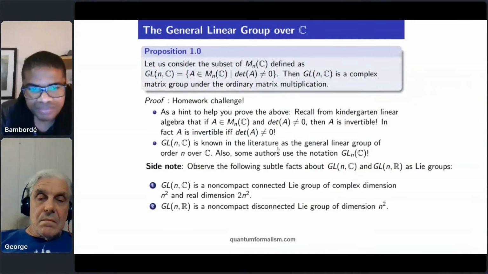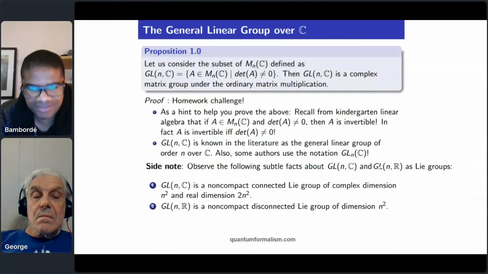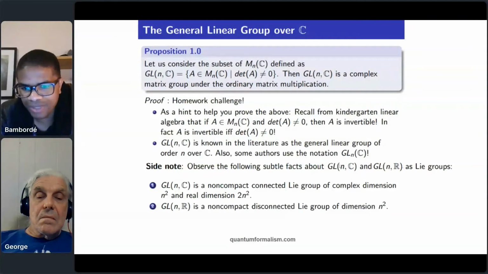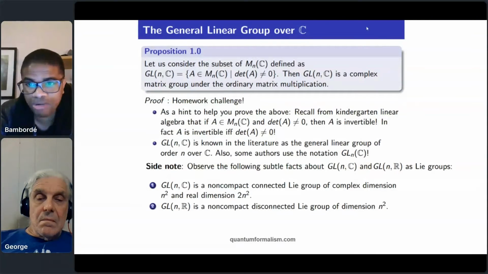So now comes the hint I was telling you about, the motivation. Subtle hints, because both the complex general linear group and the real general linear group are Lie groups. But let's see some subtle facts about them.